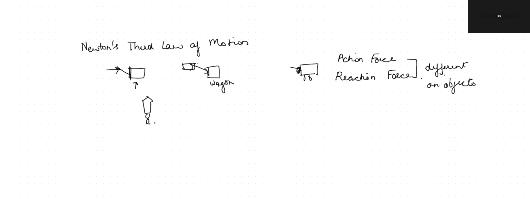The rocket exerts a strong force on the gas and expels it, and the gas exerts an equal and opposite force on the rocket, and as a result the rocket goes up. So when the rocket pushes on the gas in one direction, the gases push back on the rocket in the other direction.